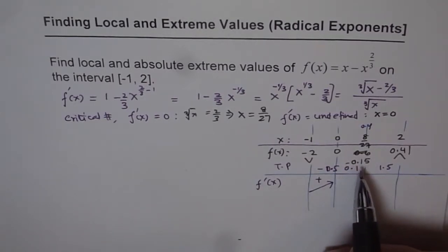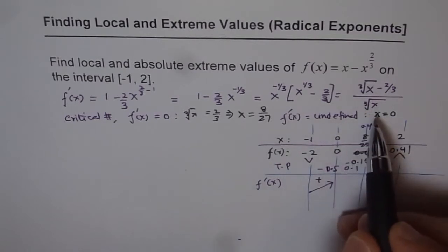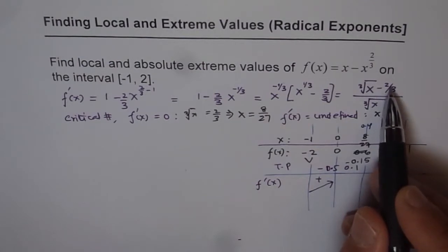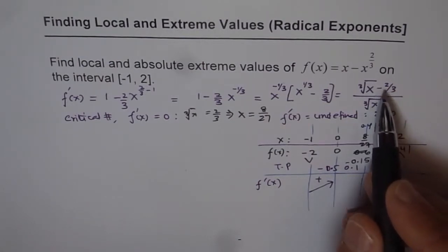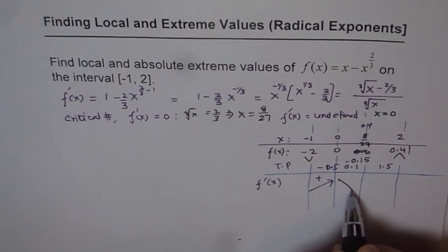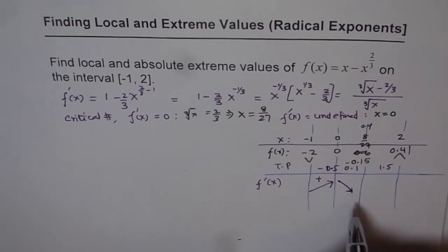Now when I put a value of 0.1, which is positive, we know the denominator is positive, right? But the cube root of 0.1 is less than 2 over 3. Therefore the numerator will be negative, and in this interval the function is decreasing.